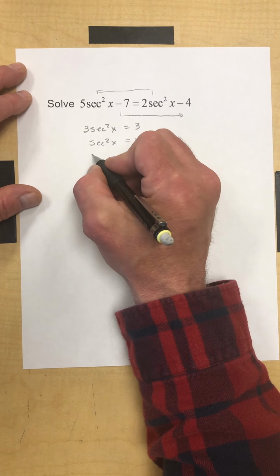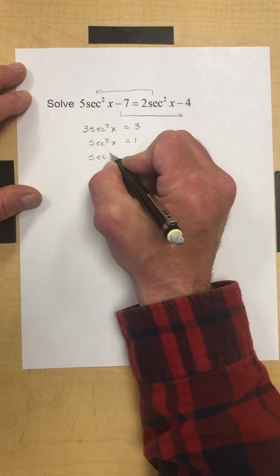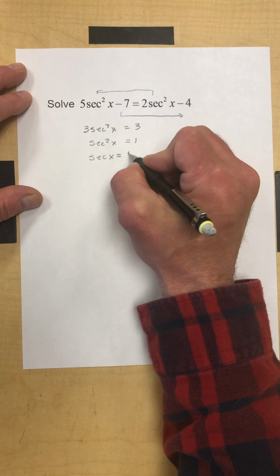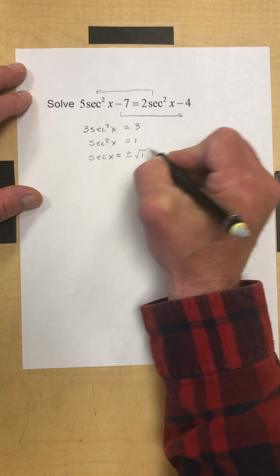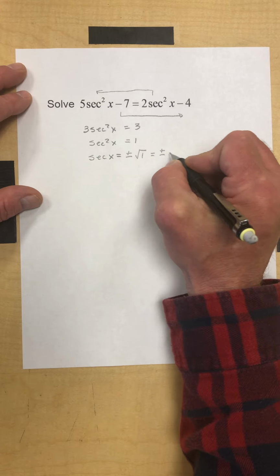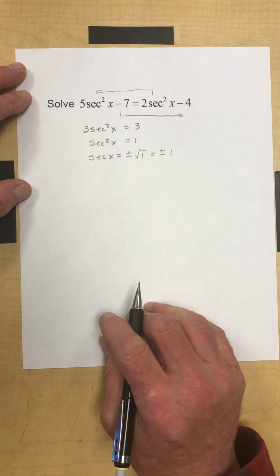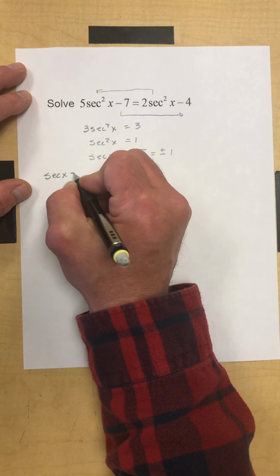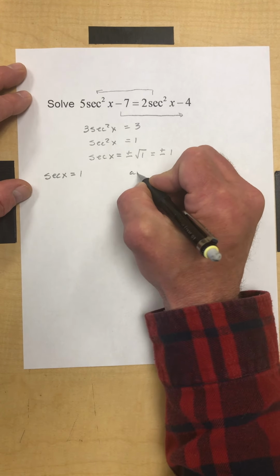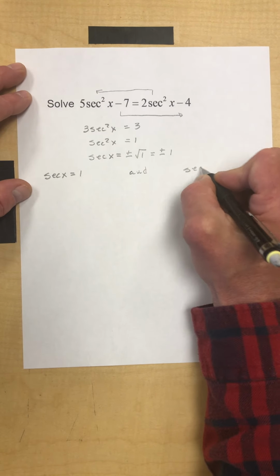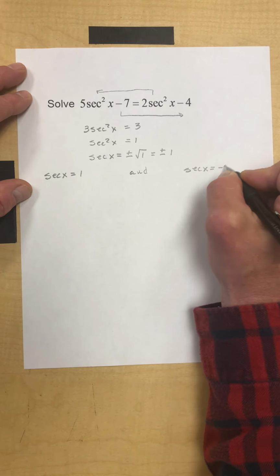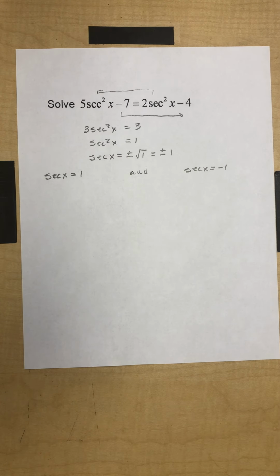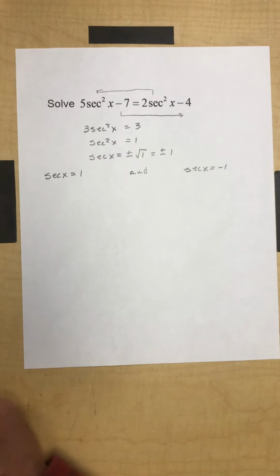Take the square root of both sides, so I get secant of x equals plus or minus the square root of 1, which obviously gives me plus or minus 1. So I have to worry about when secant of x will be positive 1, and when secant of x will be negative 1. If we're going to work on the unit circle, we want things in terms of sine and cosine.